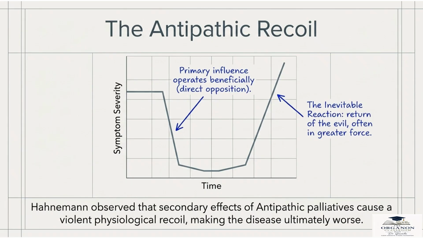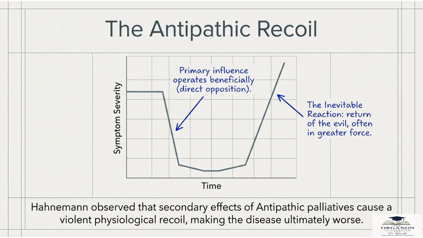However, this is not the end of the story. As the drug's primary effect fades, the vital force reacts with a secondary action or counteraction. The body tries to restore balance, but in doing so, the original symptom often returns with even greater intensity.